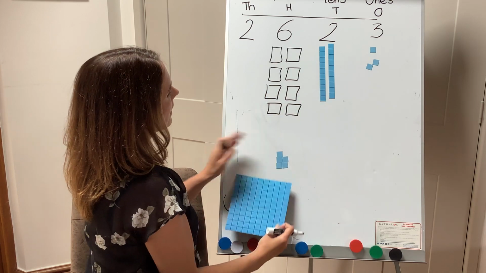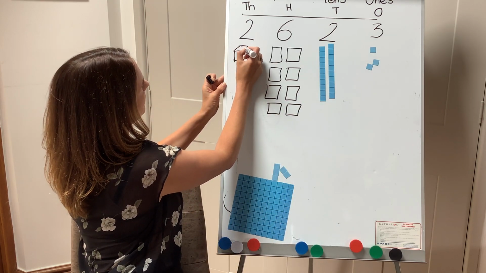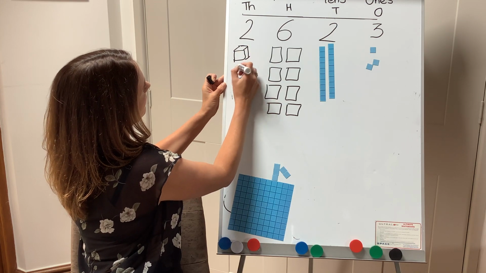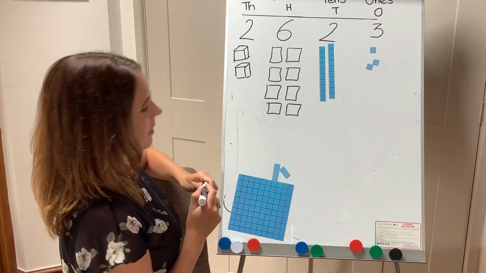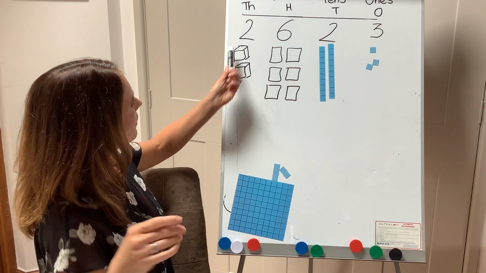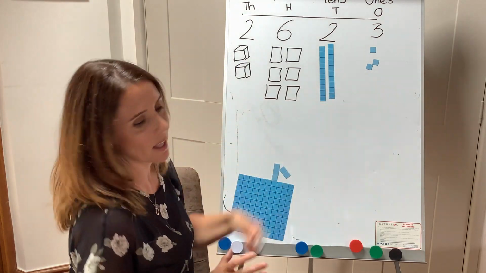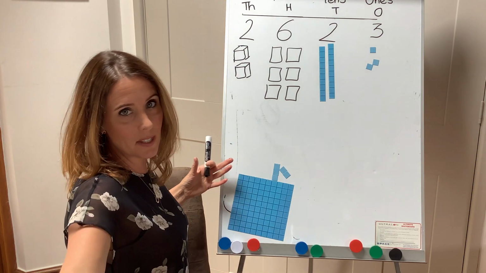They'll look like this, and you would have 2 of the thousands. And you've got 2,000, sorry, you've not got 600, you've got 800, I hope you were correcting me there, 2,623.